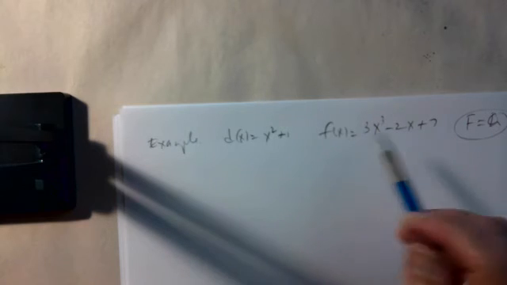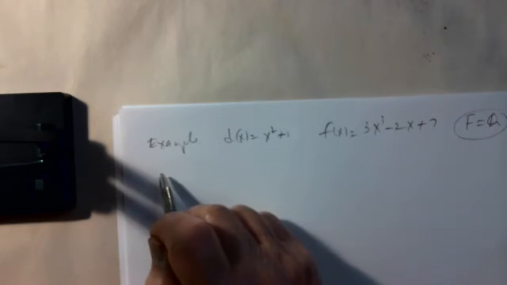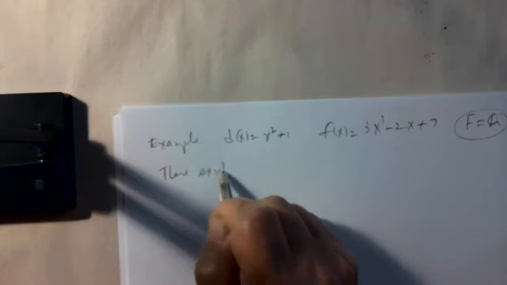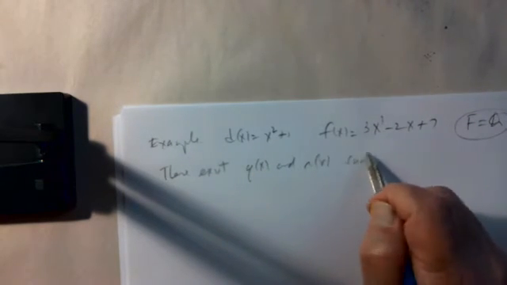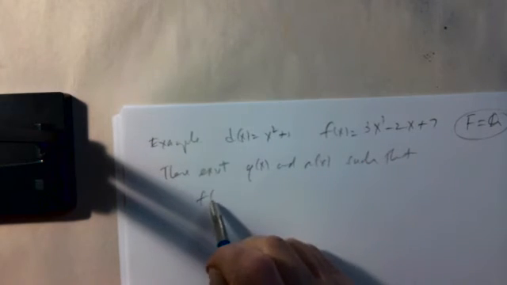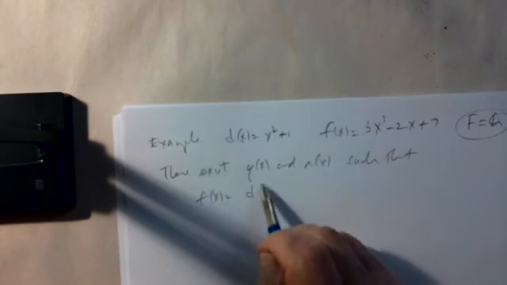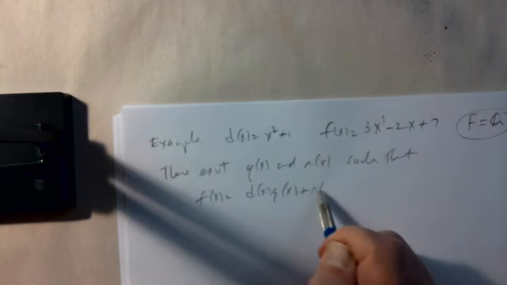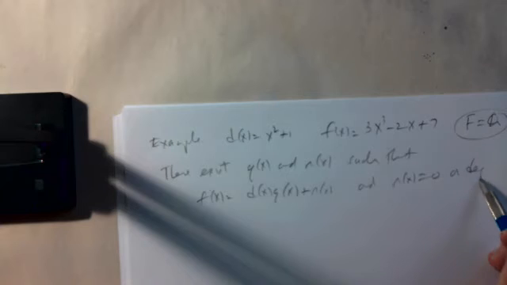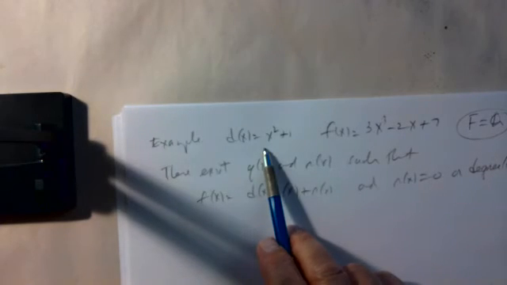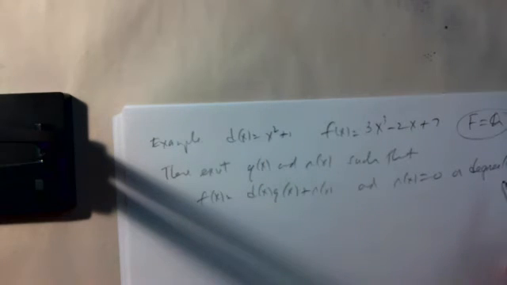So the division algorithm says there exist polynomials q of x and r of x such that f of x is d of x q of x plus r of x, and either r of x equals 0 or the degree of r of x is less than the degree of d. The degree of d is 2, so the degree of r of x is either 0 or 1. And how would you find such a thing?